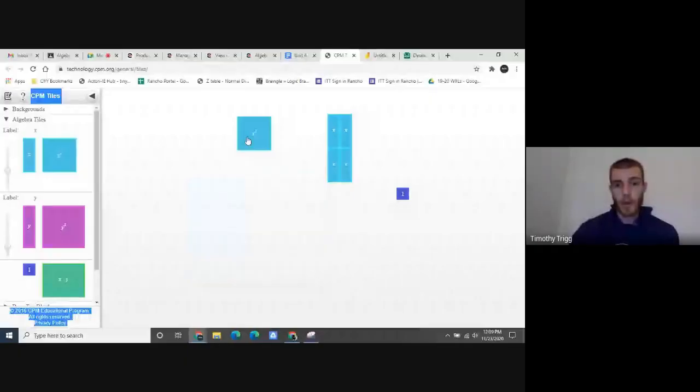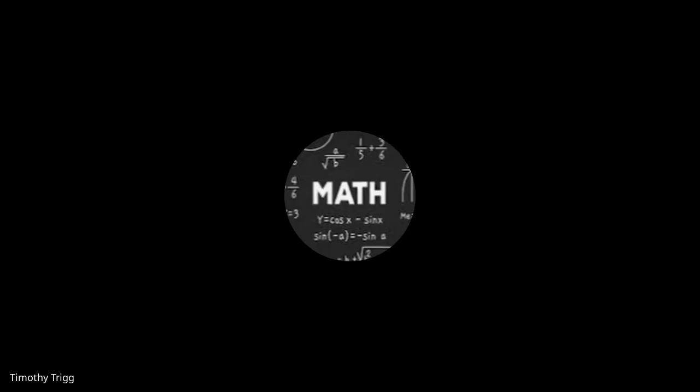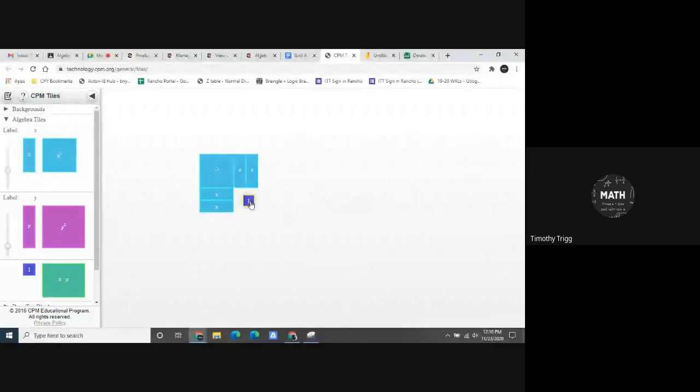So I've got an x squared, 4 x's, and a single. Now, how can I make a rectangle out of this? So let me maybe just try moving these things around. Well, would this work? This formation?